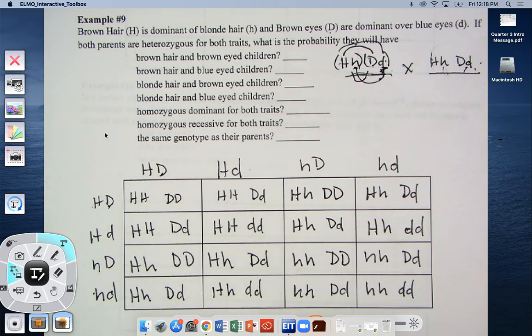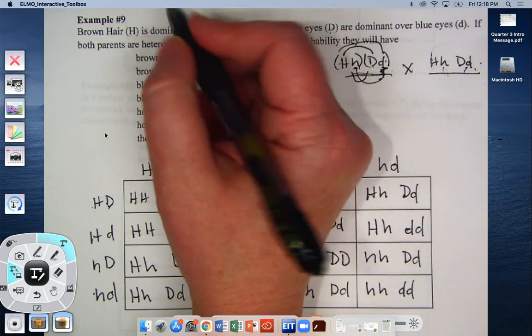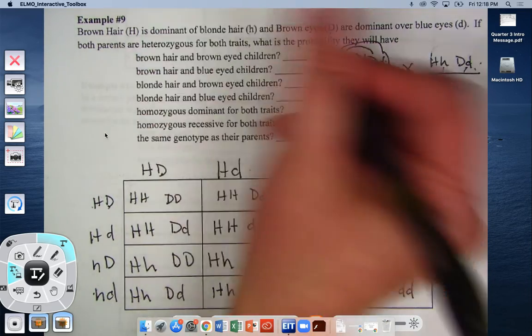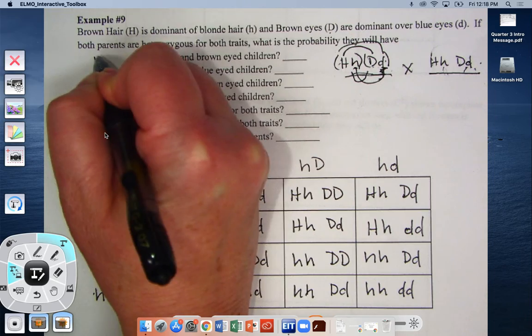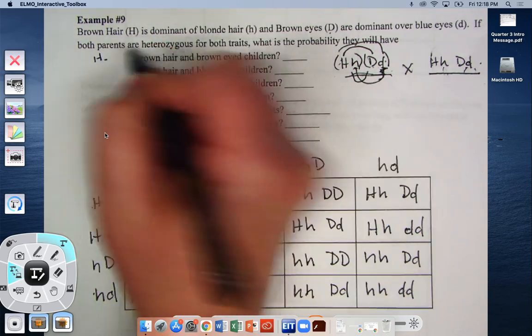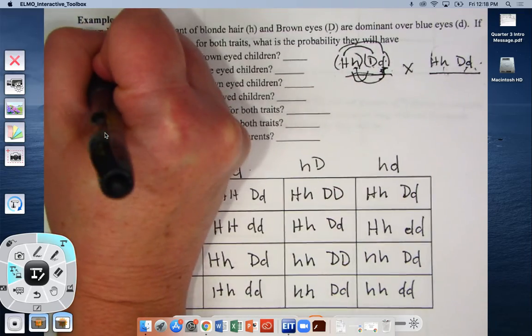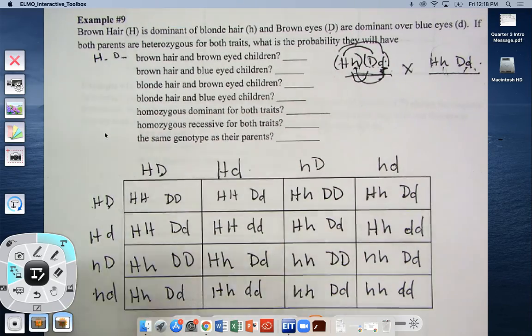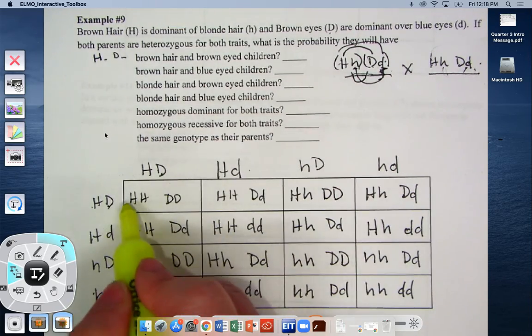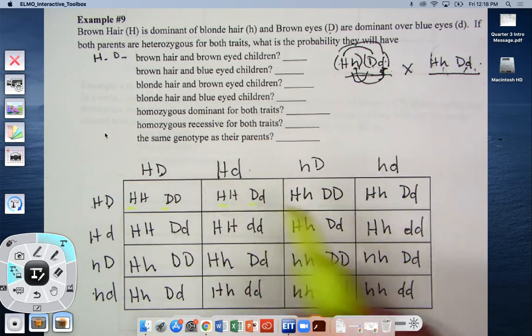We can find the 9. So what are we looking for? What I usually write, if I was a student, is to the side that I'm looking for a capital H and a capital D. Notice I'm putting a little dash because it doesn't matter what the second letter is. So that's what we're looking for: capital and capital.